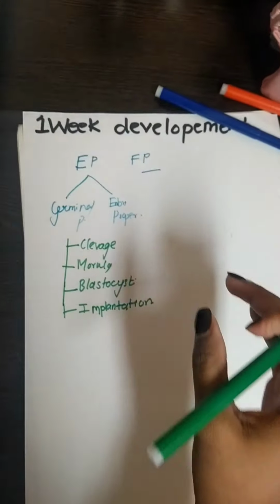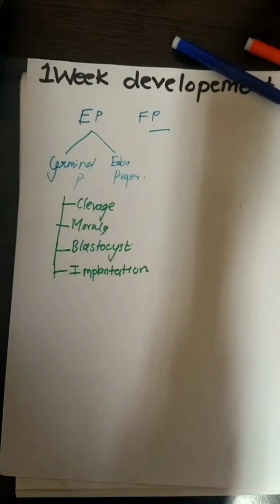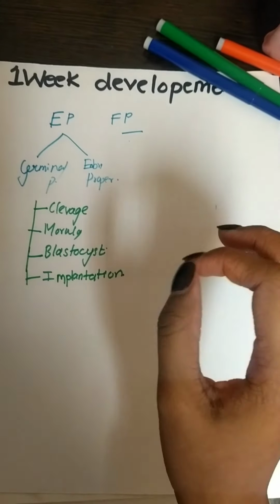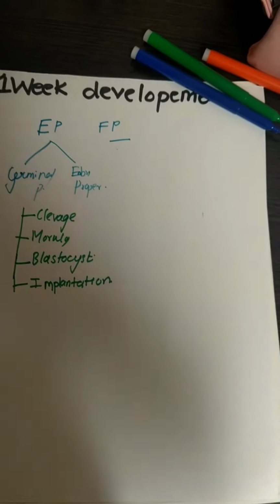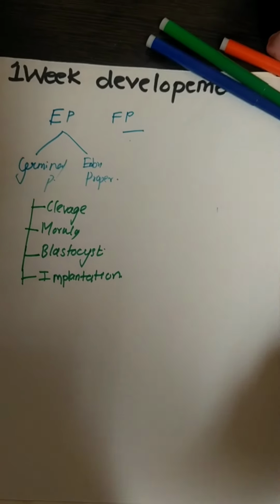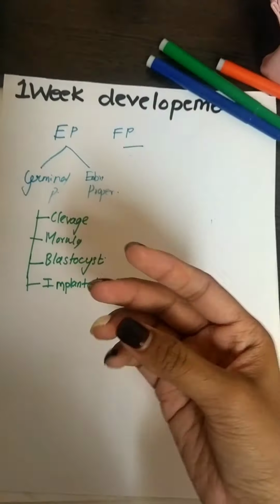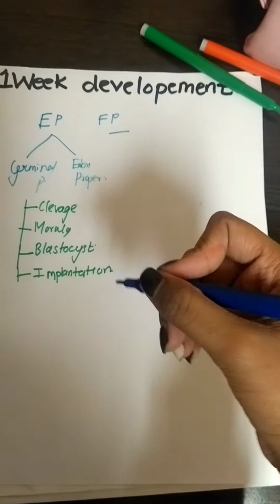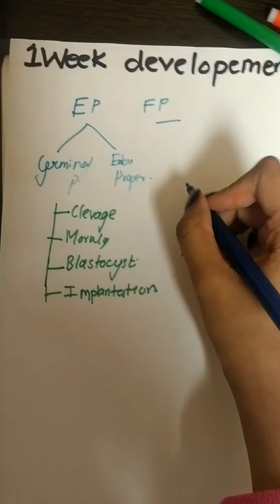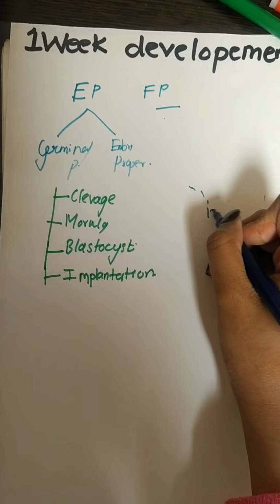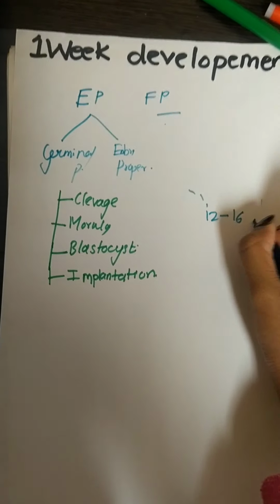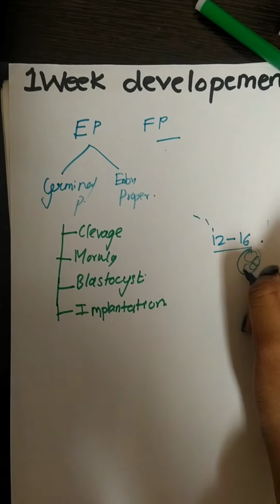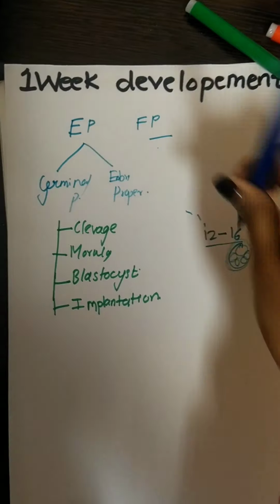What actually happens is, after fertilization, once the sperm enters the zona pellucida, cell division begins, and from 2 it becomes 4, from 4 it becomes 6, from 6 it becomes 8, till it reaches 12 to 16 packed cells inside the zona pellucida.